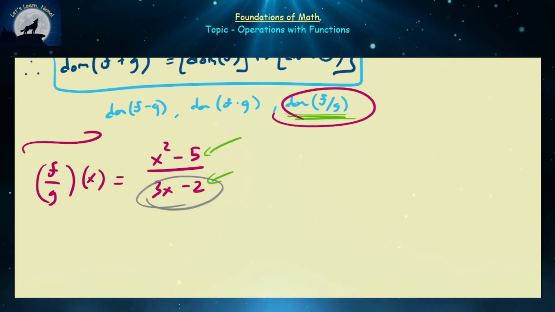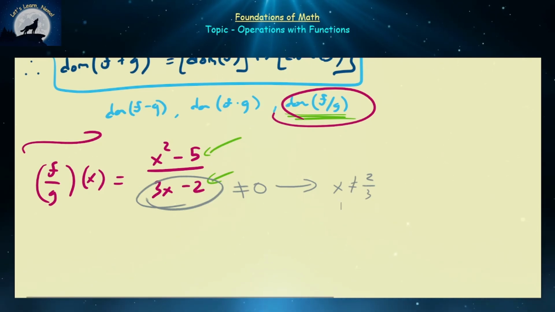And we also have that the denominator cannot be equal to 0. In particular, for this example, x cannot be equal to 2/3. If you plug 2/3 into 3x minus 2, you get 0, but you can't divide by 0 for the quotient of the functions.